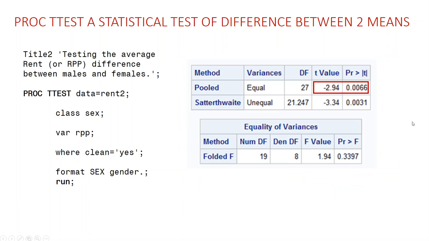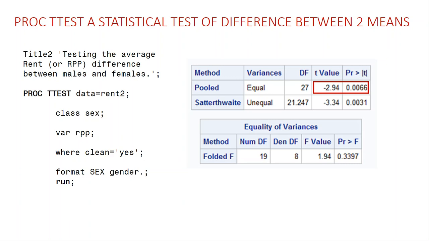When running a PROC TTEST, the thing that you have to pay attention to first is the last thing printed. And that is the block that we see here at the bottom, which is the equality of variances.